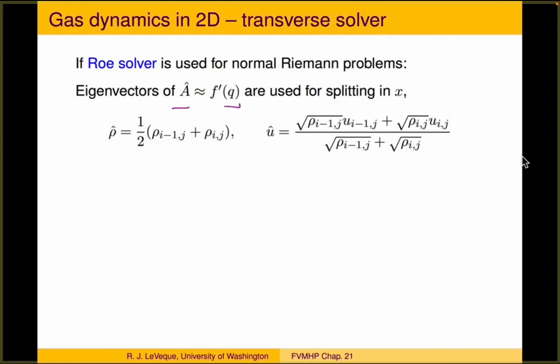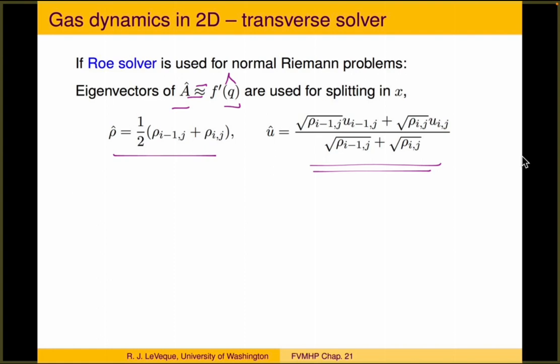It's actually the Jacobian matrix evaluated at q hat, where q hat is defined by the average value of the density, but this special Roe average of the velocity vector using the square root of the density as weighting functions. And that, remember, has nice properties.